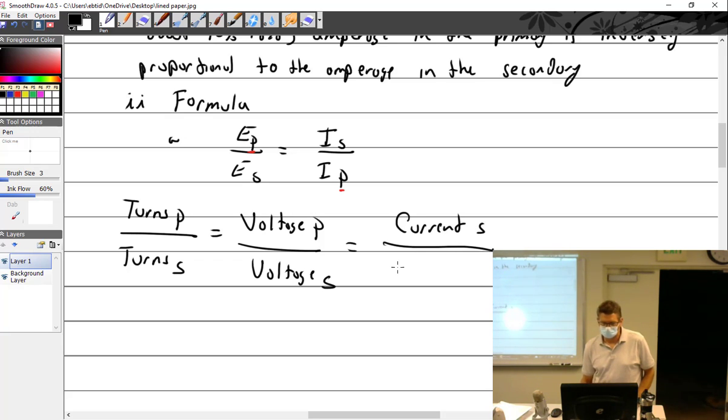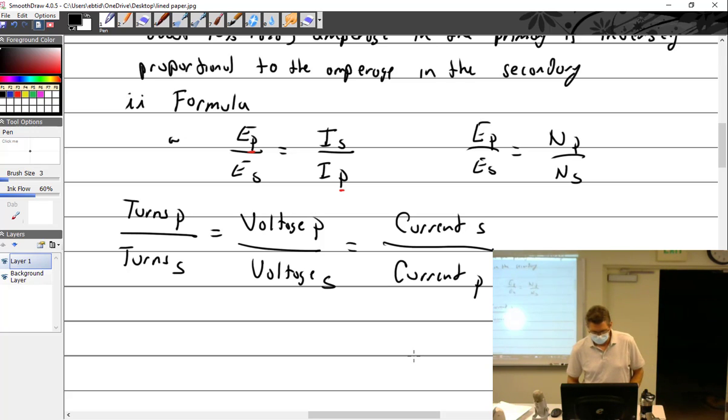Secondary, right on, over current primary. And that goes back to the first one we had, where it was EP over ES is equal to NP over NS. That's putting all of these together.